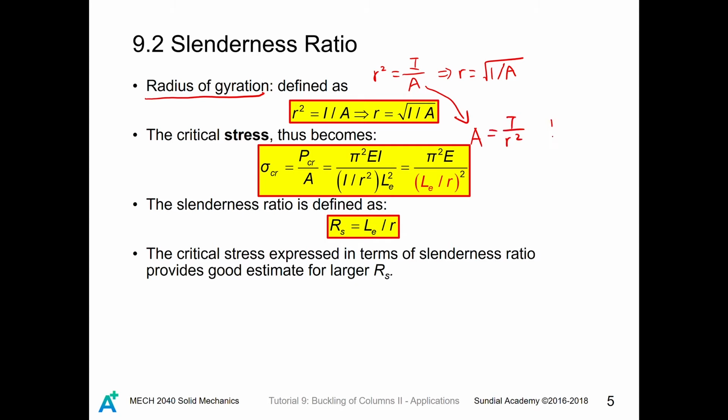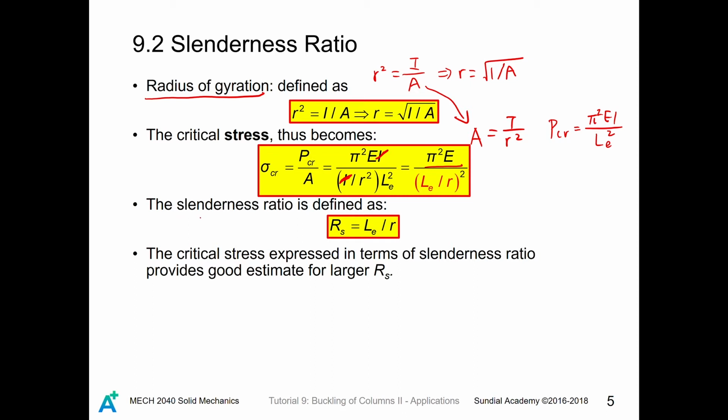Also, the critical load equals pi squared EI divided by LE squared, as we described in the previous slide. So we can simplify this expression by cancelling the moment of inertia in the denominator and the numerator. Eventually we get pi squared E divided by the effective length divided by the radius of gyration, squared.